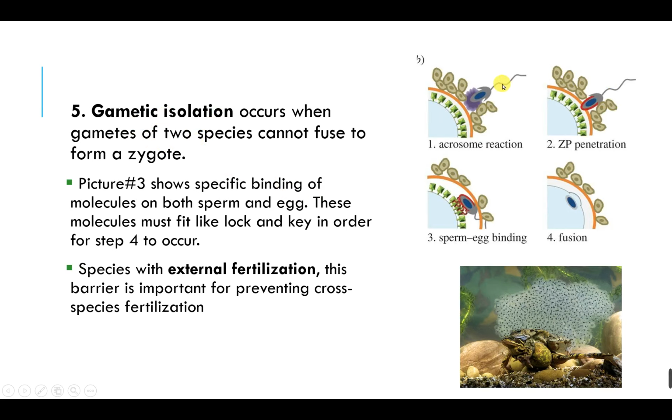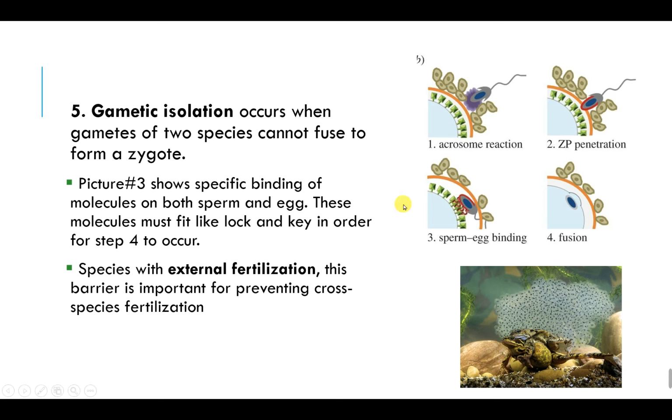In order for the sperm to penetrate the egg, you must have a ligand on the surface of the sperm that is compatible with receptors on the surface of the egg. So you have the binding of the receptor and the ligand here. But if the sperm is from a different species, you cannot have this binding, and that sperm cannot penetrate the egg.